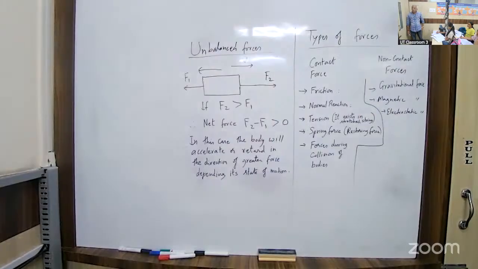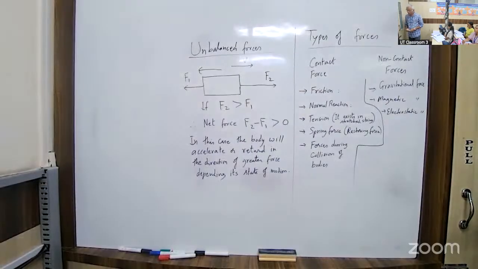Now what is the difference between gravitational, magnetic and electrostatic? One difference is gravitational is always attractive. There is no repulsion, right? Whereas magnetic force is attractive as well as repulsive. Same is true for electrostatic. Gravitational force acts everywhere between bodies which have mass.